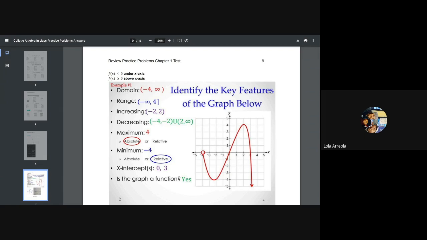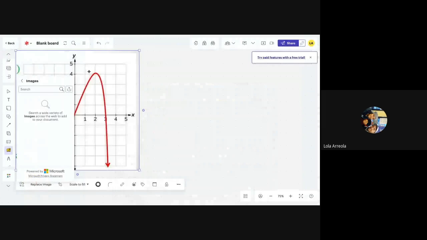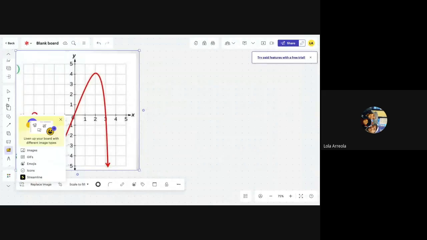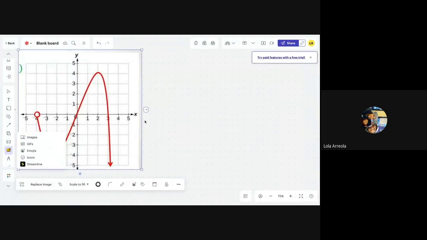So I want to put it on. Images, upload, image, screenshot. Okay. All right, I just want to be able to draw over this.